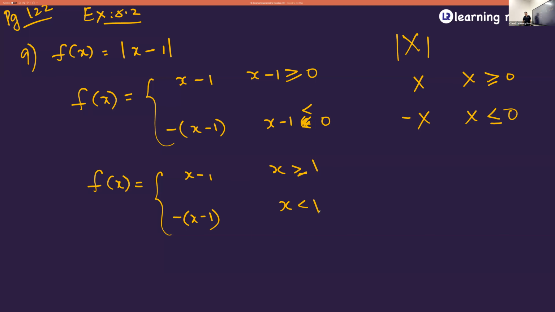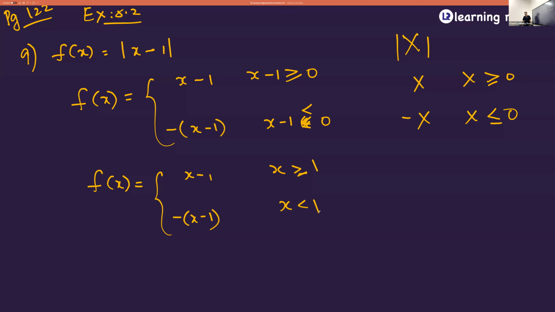So it is not differentiable. That is what you need to prove. When you find the left hand derivative and the right hand derivative, they should come out as minus 1 and 1 respectively. But at which point will you break? You need to say that this function is not differentiable at 1. At all other points, it will be differentiable.